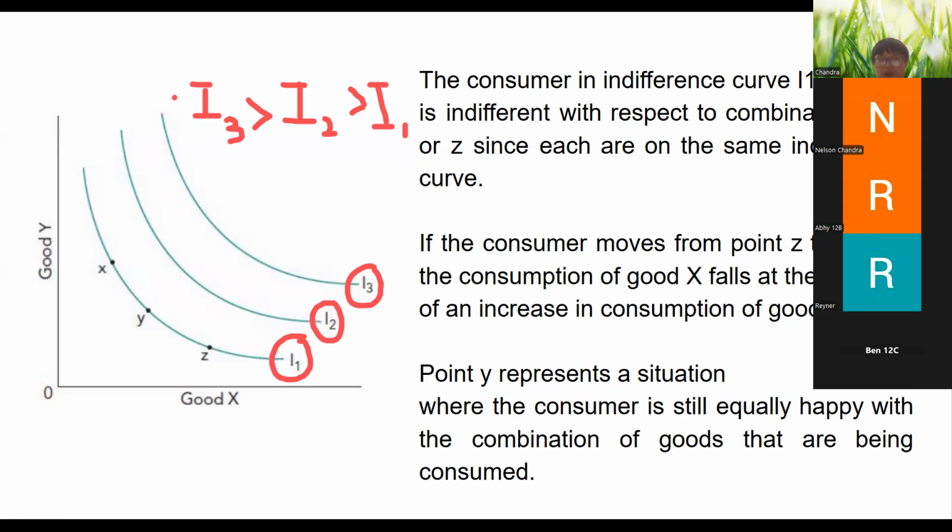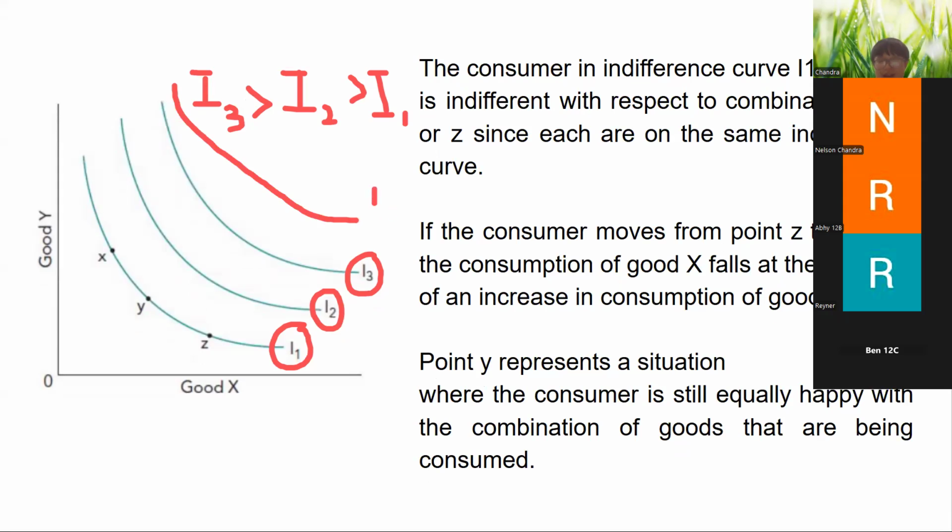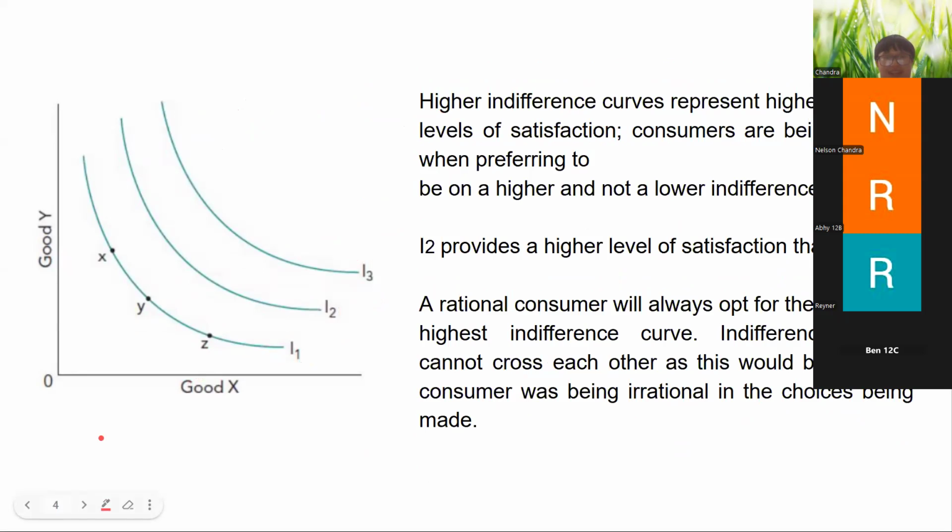So if we draw one more indifference curve, let us say I4, then this would have the highest level of satisfaction. But if we draw I5 here, that will have lower satisfaction. I believe this should be understandable.